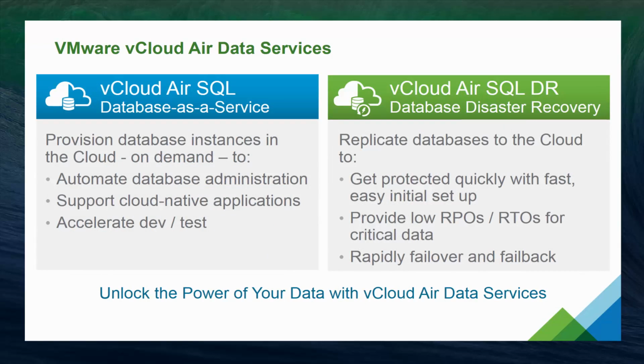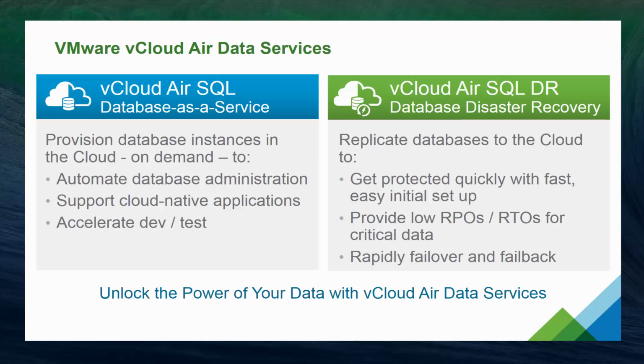VMware is announcing a new enterprise class database as a service offering, which stemmed from the acquisition of the company Continuent. vCloud Air SQL provides customers with easy access to scalable cloud-hosted relational databases. This service offers managed database instances with automated administrative capabilities to free organizations to focus on their business priorities.